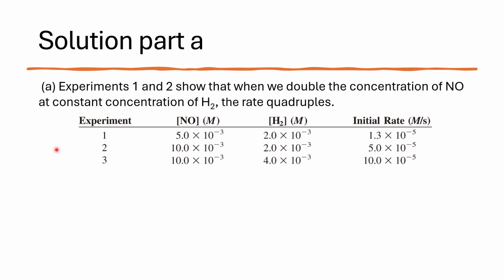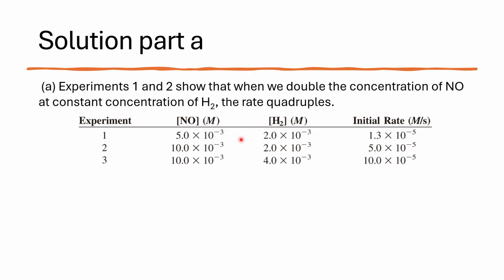Here is the kind of data that you can expect to see in a problem like this. Three different experiments where concentrations are varied each time. There's a key factor here. If you look at a comparison between experiments 1 and 2, you'll notice that the concentration of H2 remains constant while the concentration of NO is doubled.